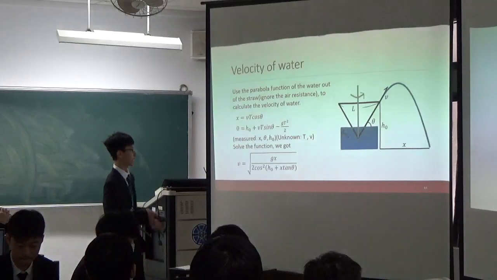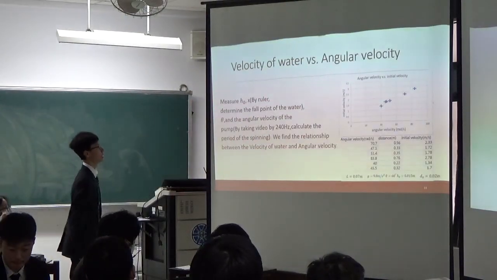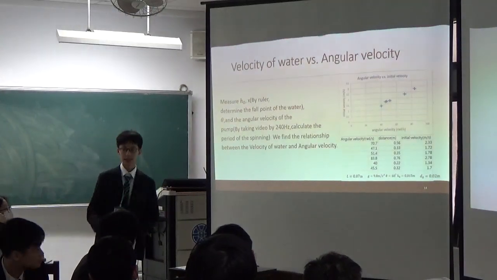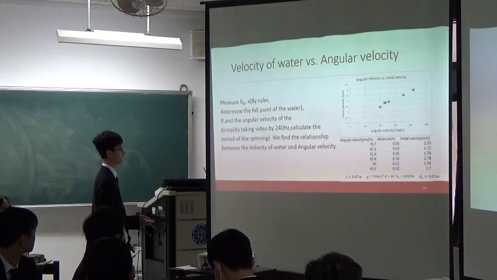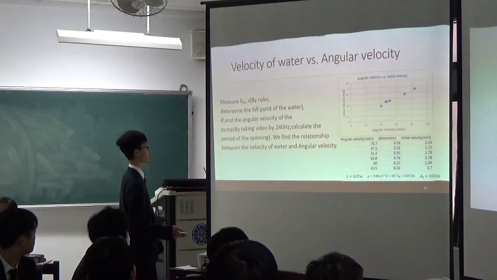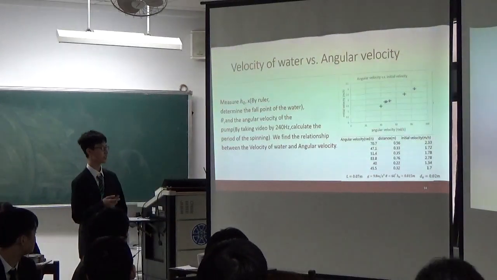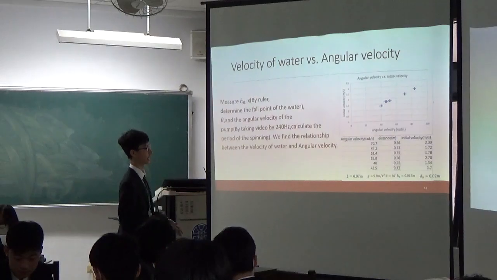Okay, after solving the function, we can get the velocity. Okay, we measure the h naught and x by ruler and determine the flow point of the water, beta, and the angular velocity of the pump. We find the relationship between the velocity of the water shot out of the straw and the angular velocity.